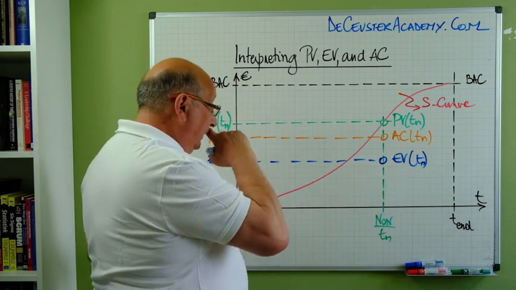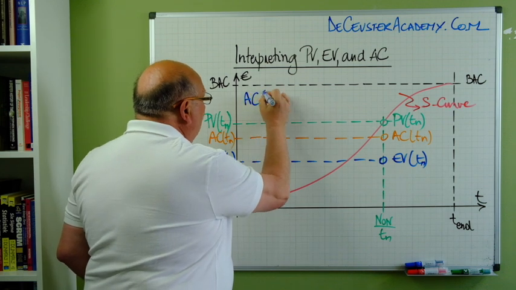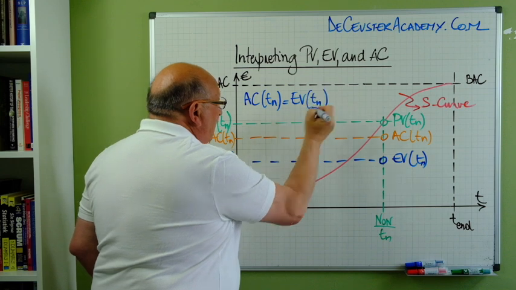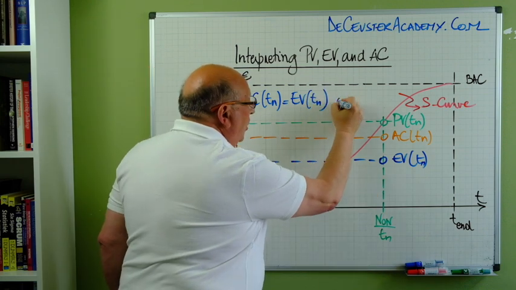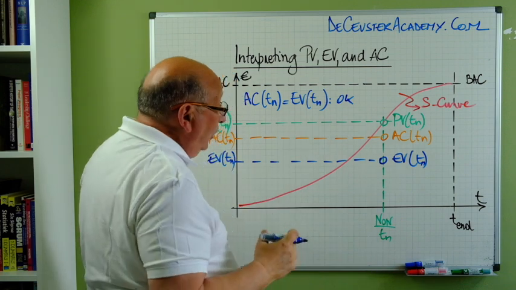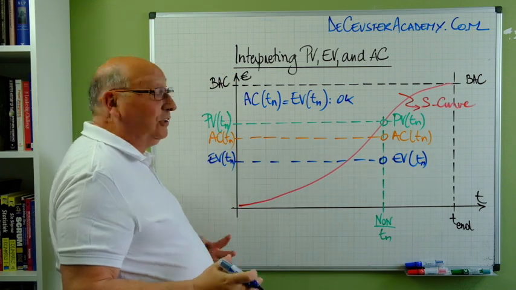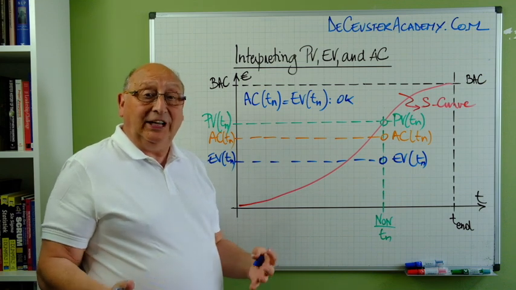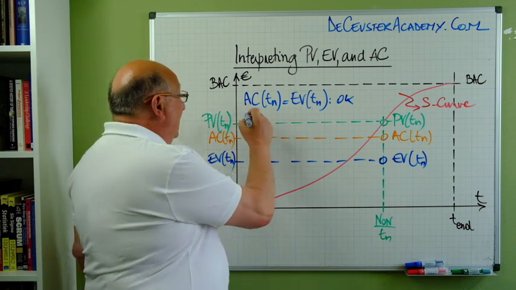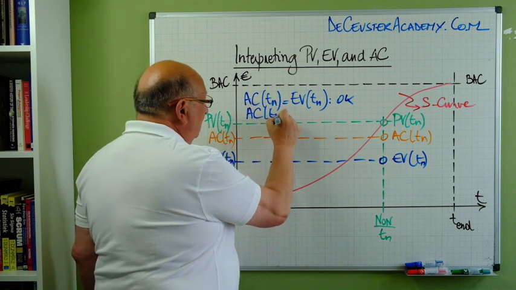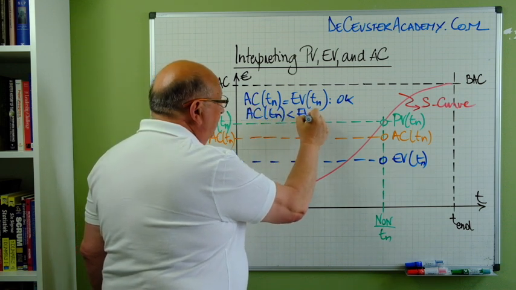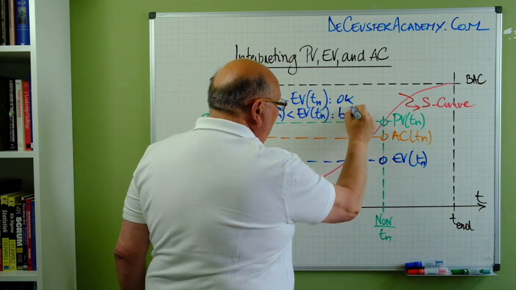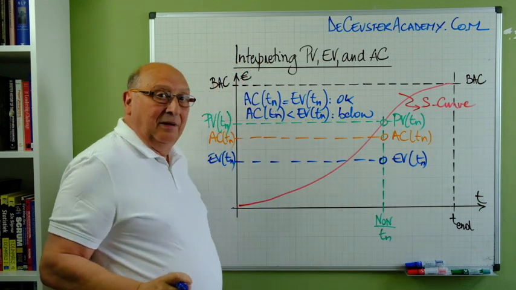First element, when we see that actual cost is equal to earned value, it means we are on target, or we're performing as expected. We're not paying more than estimated to create the deliverables. When we have the actual cost smaller than the earned value, this means we are below budget.